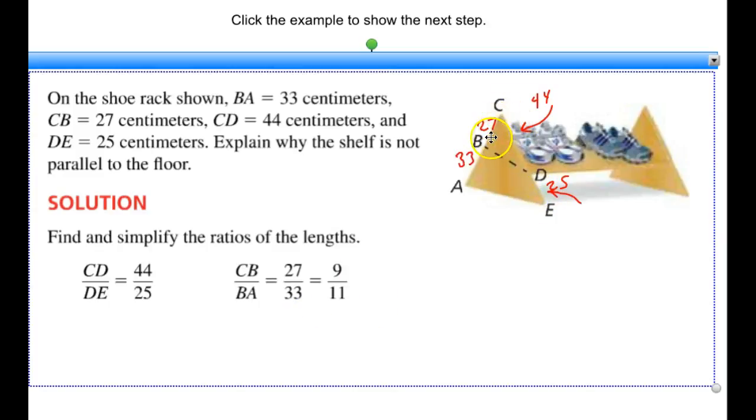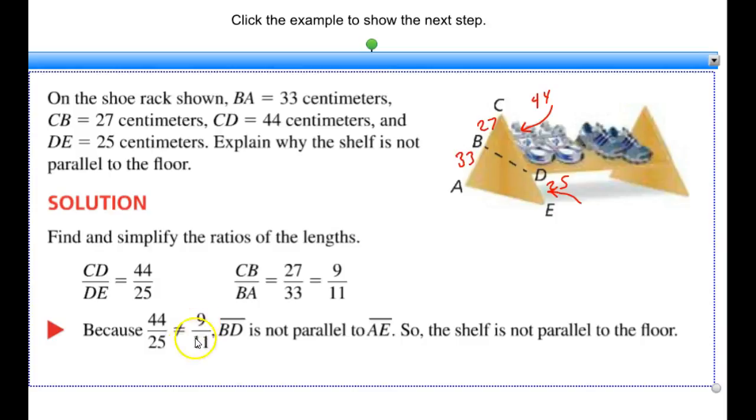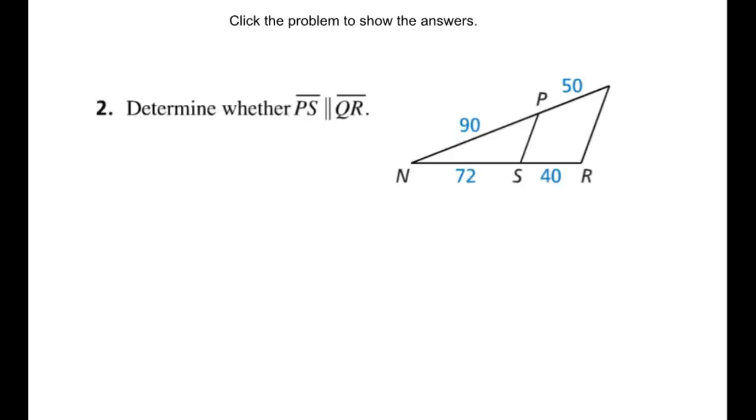Then I'm looking at the left side, so I've got 27 over 33, and that can simplify to 9 over 11. Since these fractions are not the same thing, we know that BD is not parallel to the ground, which was AE. So the shelf is not parallel. If these two ratios were the same, then I would know that the shelf is parallel. So look at this one. Tell me if those lines are parallel or not.